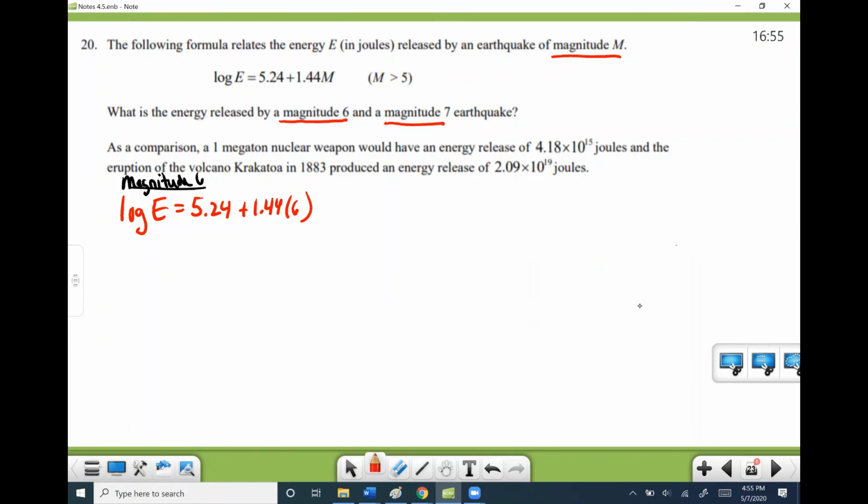All right, so we got log of E, and we just got to do the math there. Okay, calculator time. 6 times 1.44, 8.64. And I've got to add to that 5.24. So 13.88. Is that what you guys were getting? Cool.